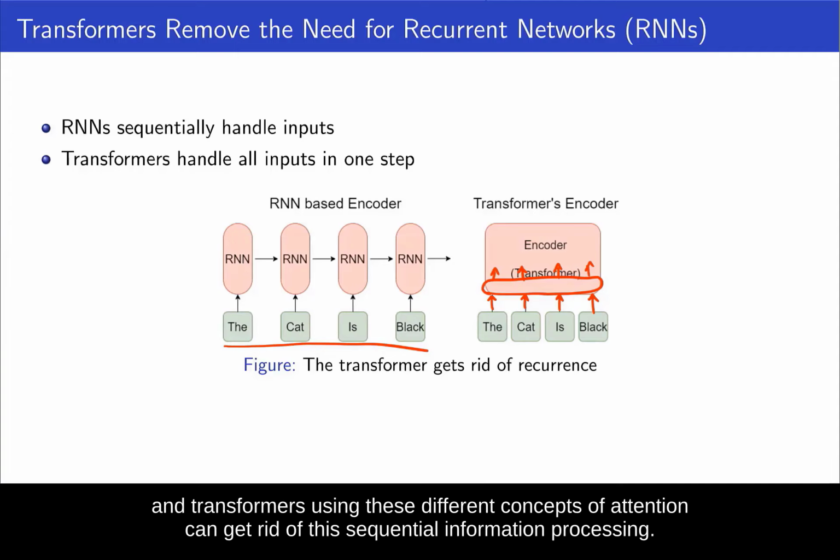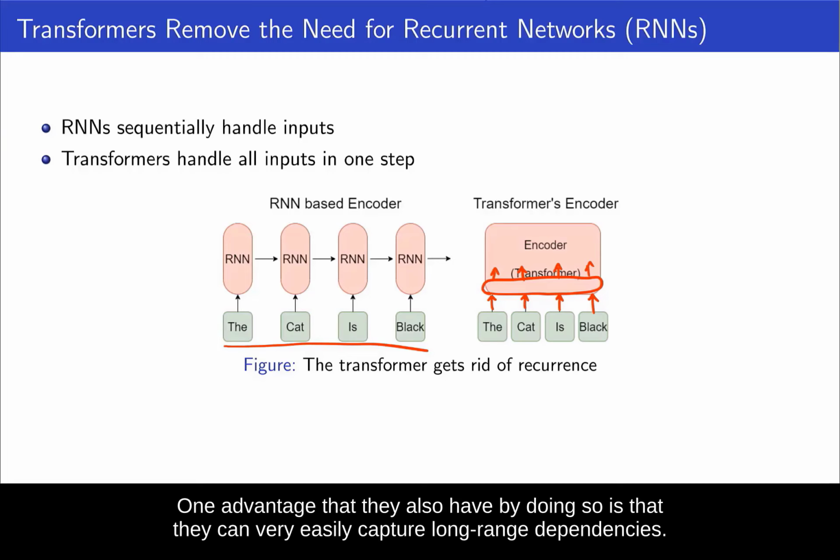And transformers, using these different concepts of attention, can get rid of this sequential information processing. And one advantage that they also have by doing so is that they can very easily capture long-range dependencies.